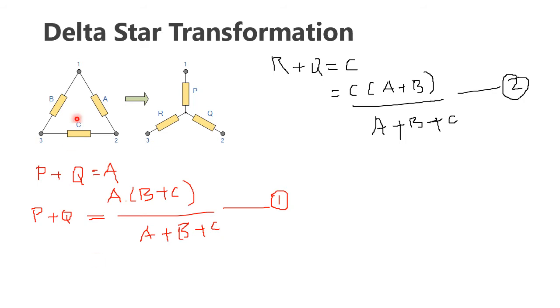Likewise, in between point 1 and 3, here B is connected. Here between point 1 and 3, P and R are connected. Therefore we can write another relationship.